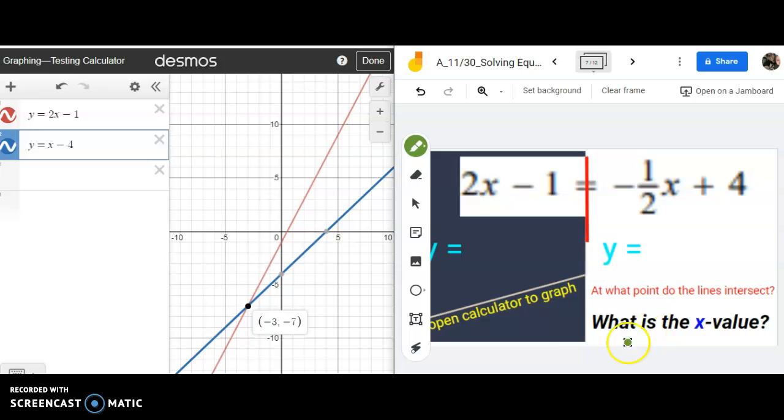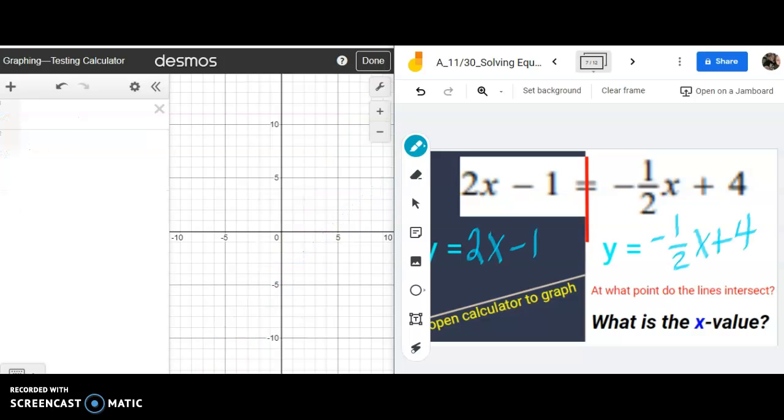So go ahead and get started on slide 7. Okay, go ahead and press pause on the video, then you can come back and check yourself to see if you are on the right track, and then I'll explain what the rest of the slides are. Okay, so hopefully you have already written the equations and you are just checking your work to make sure you're on the right track.